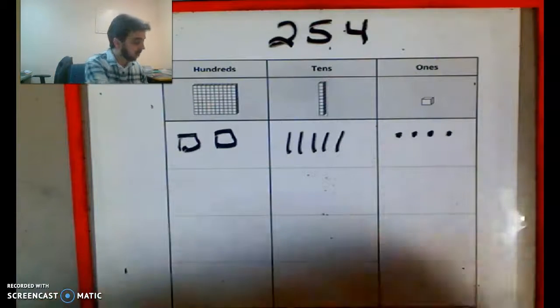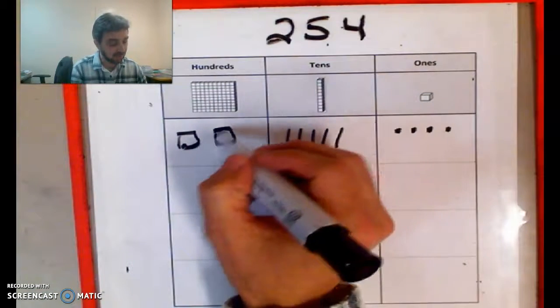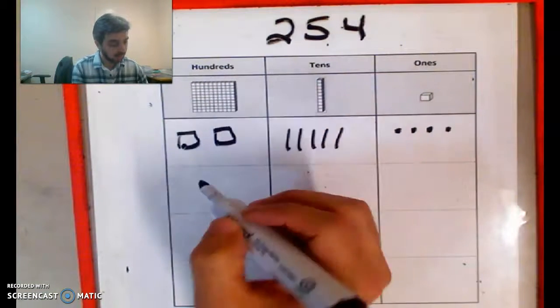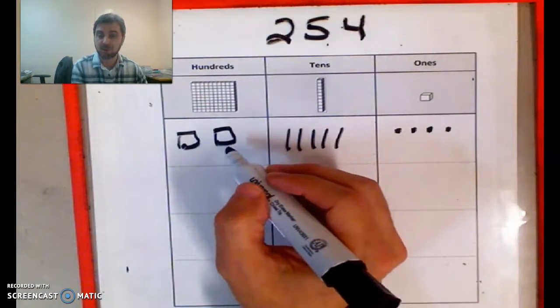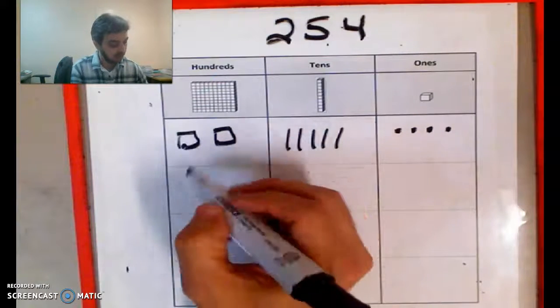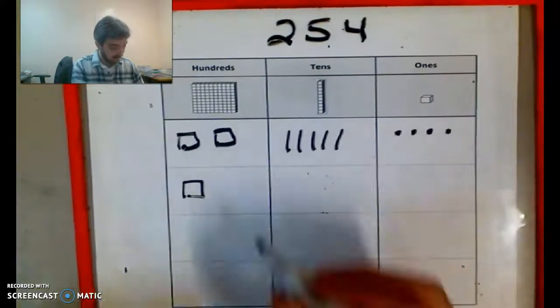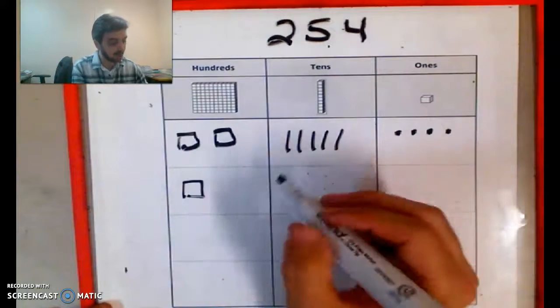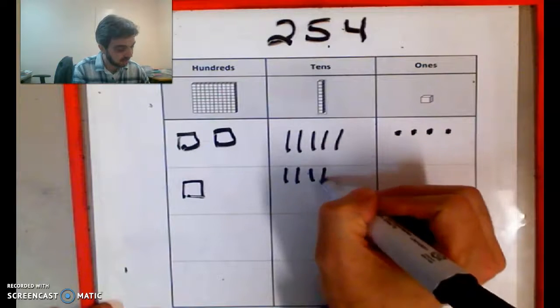So what we just did on the computer was we took one of these and opened up the box and saw that there were 10 more 10s in there. So we could have one box of 100, and then instead of having 2, we could have, let's say, over here, 5 10s, 1, 2, 3, 4, 5.